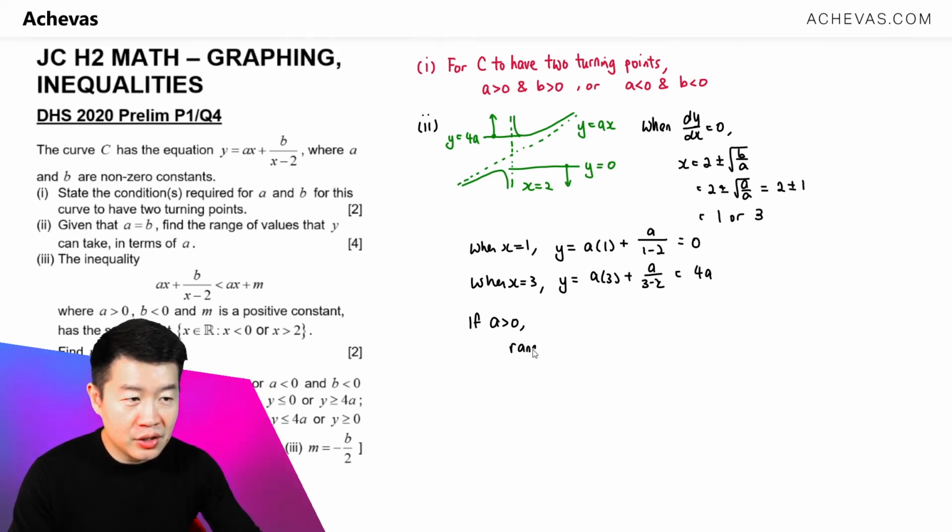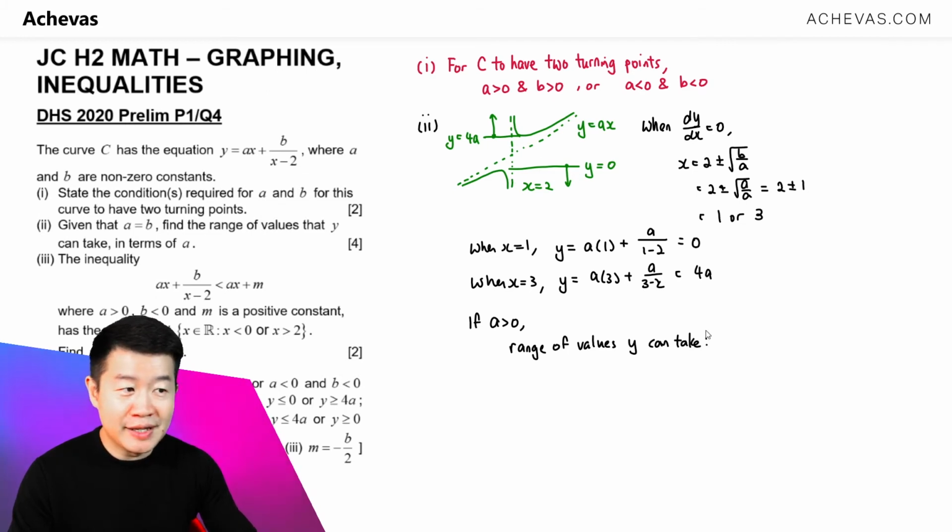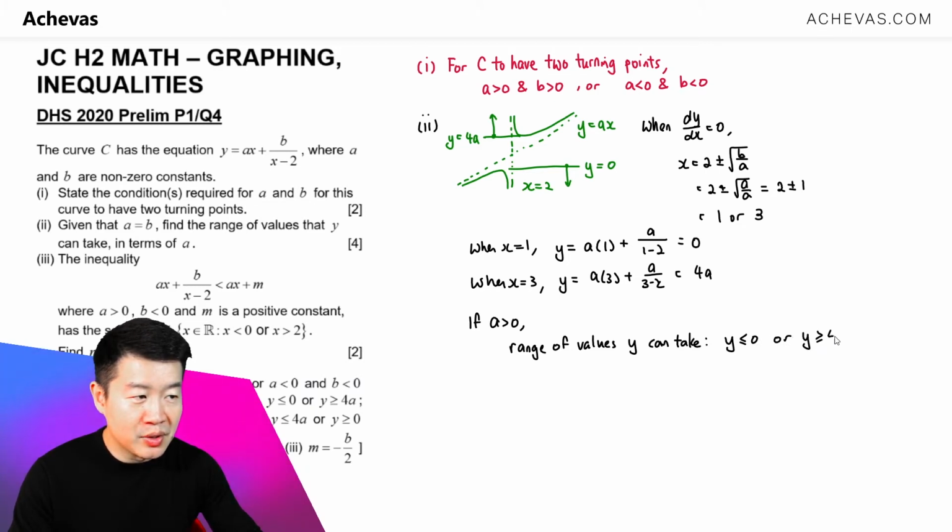Then the range of values that y can take will be, if you look at this graph, when y is less than or equal to 0 or when y is bigger or equal to 4a. That is if a is bigger than 0.